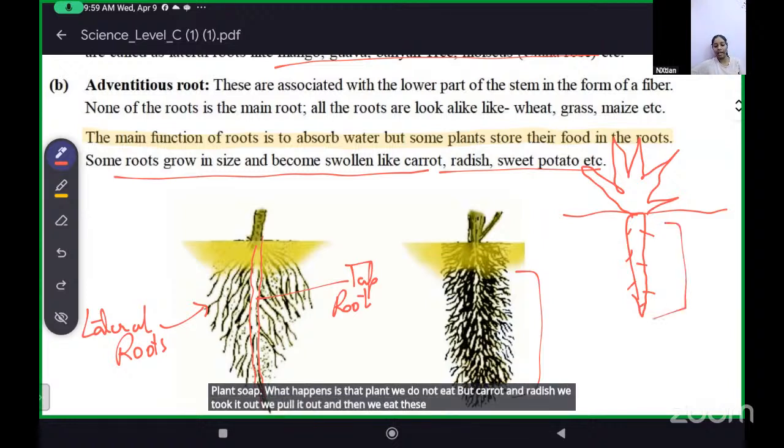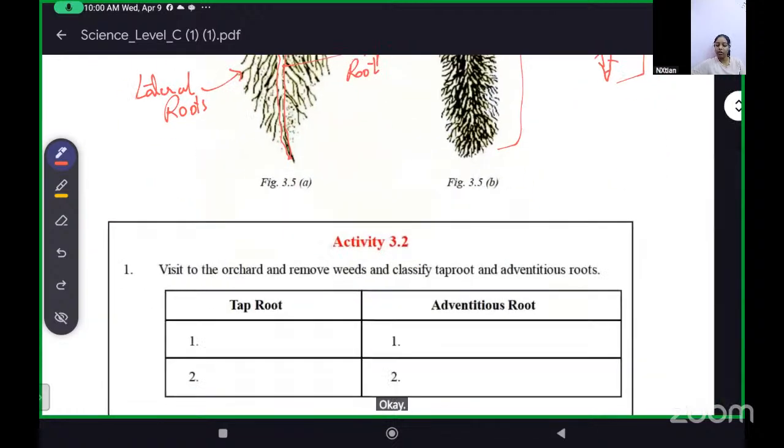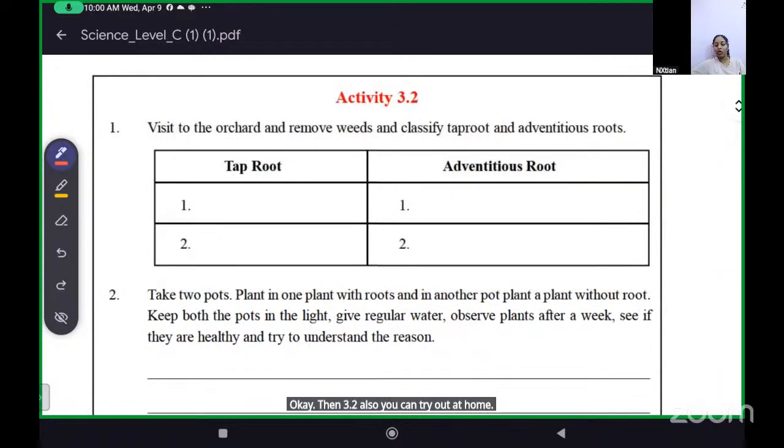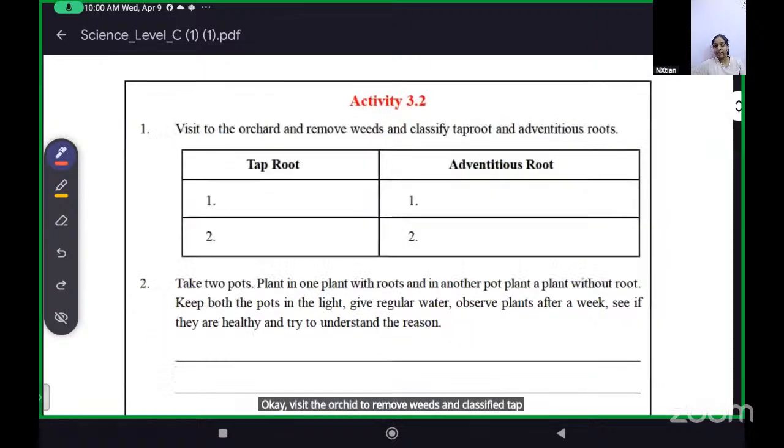Carrot, radish, and sweet potato are all roots. Then 3.2 also you can try out at home: visit the orchard to remove weeds and classify taproot and adventitious roots.